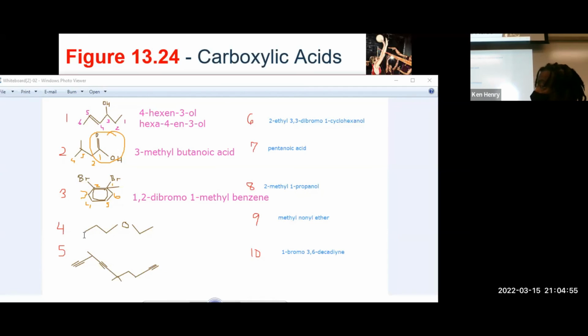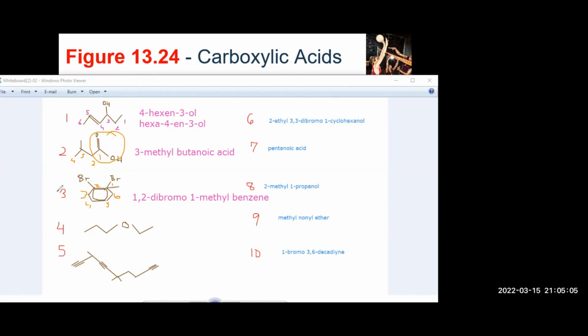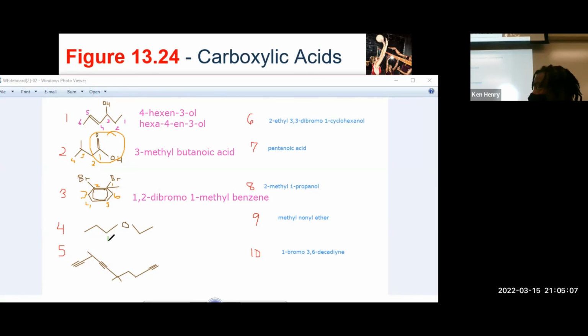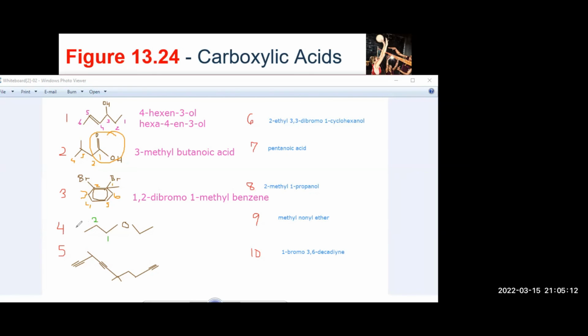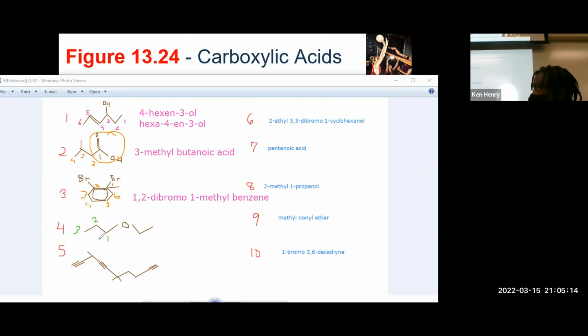Okay, so for this one, what are we going to do first? Count the longest chain, starting nearest to the O. That's 1, 2, 3, and over here it's 1, 2.